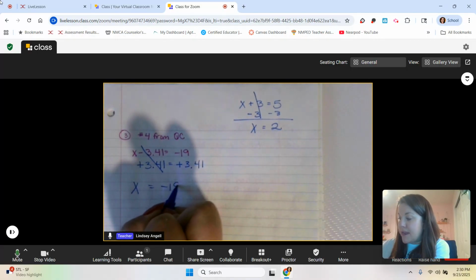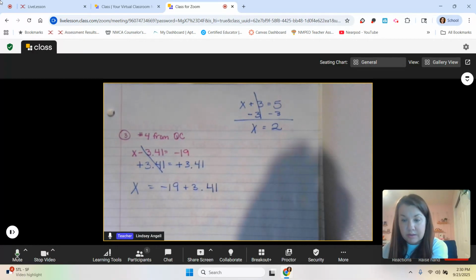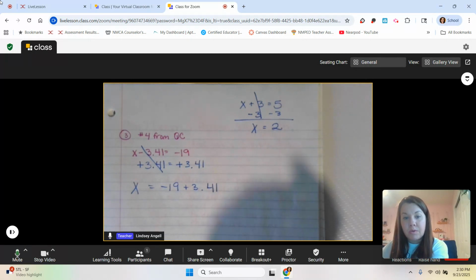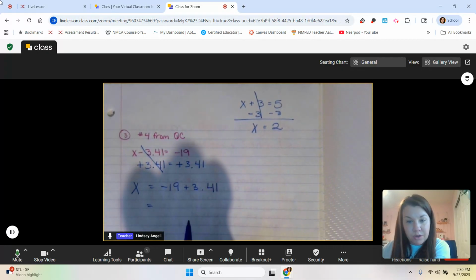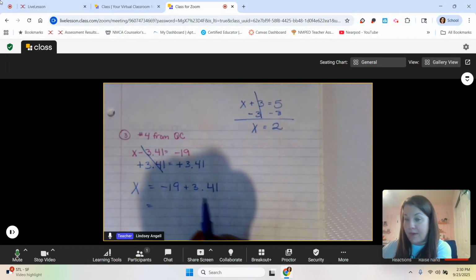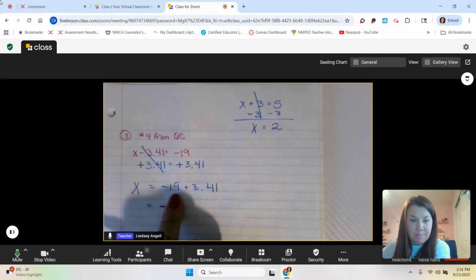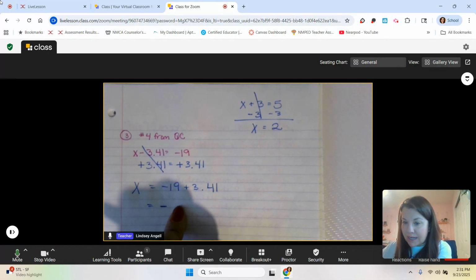So we have negative 19 plus 3.41. Well, maybe you do it on the calculator, right? But for good measure, when the signs are different, we find the difference between them, and we take the sign of the number that has a larger absolute value. So I know my answer is going to be negative, right? This is like I borrowed $19, I paid off $3.41. I'm still going to owe money, right?